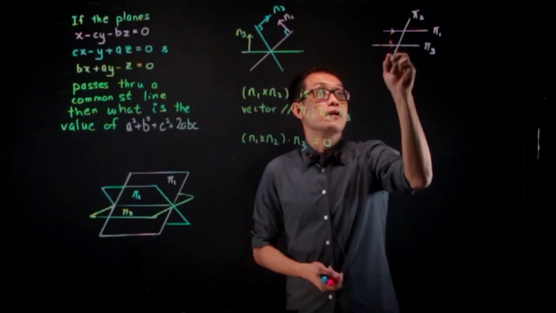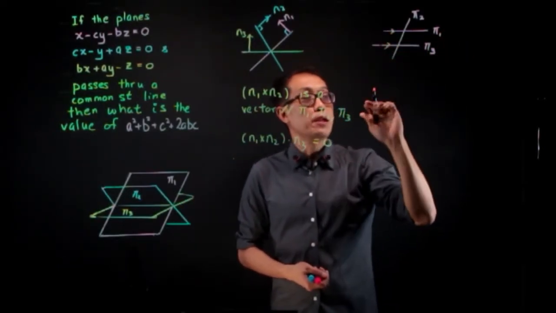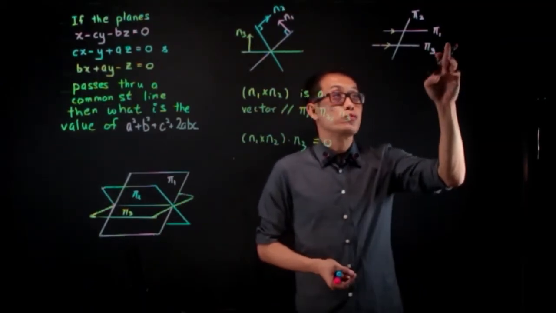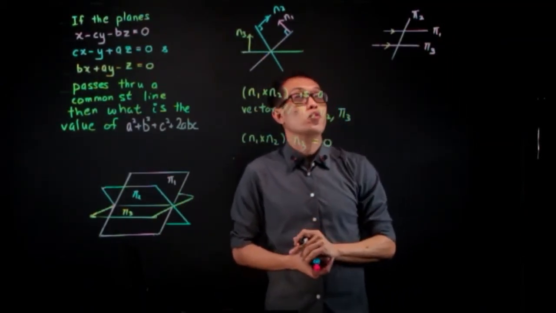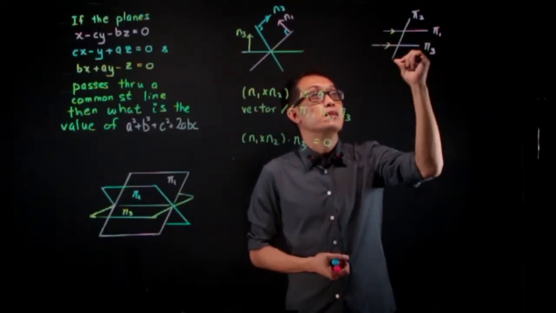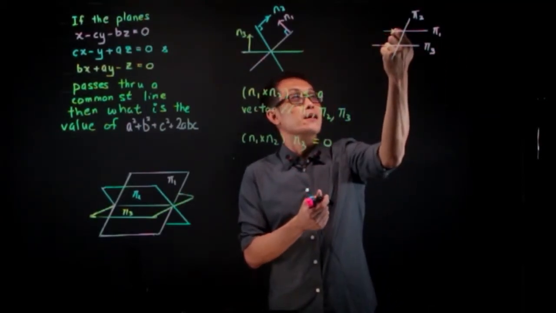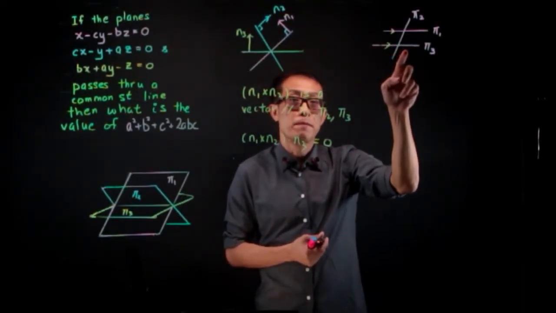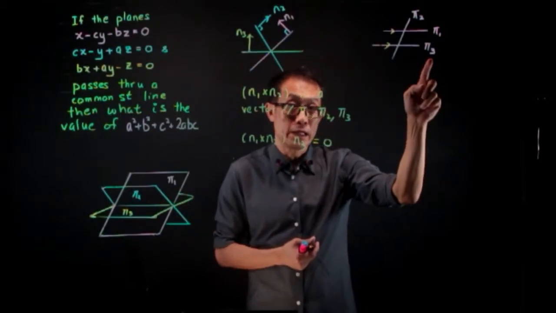Let's say plane 1 and plane 3 are parallel. If you use N1 cross N2, you will get a vector pointing into the wall, and this vector is parallel to the third plane.